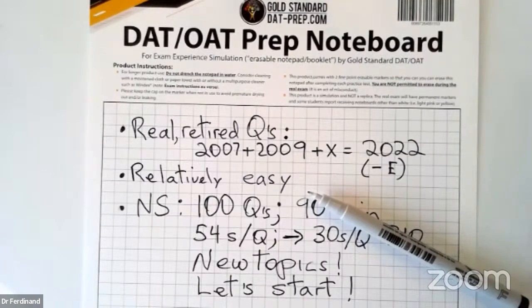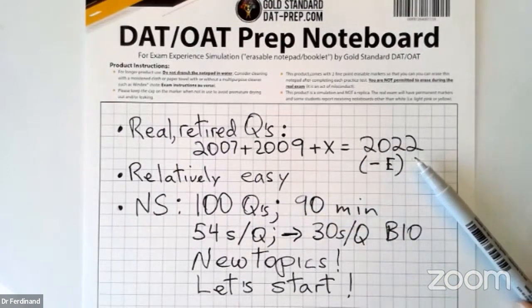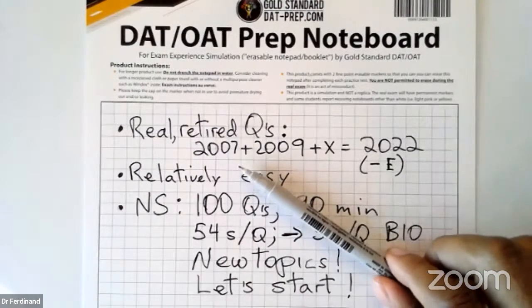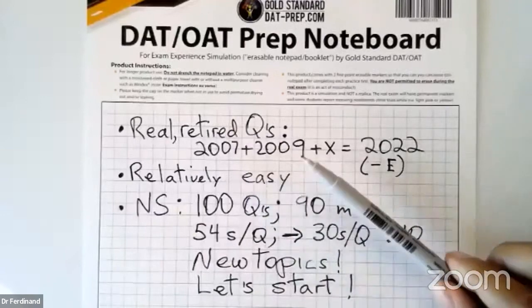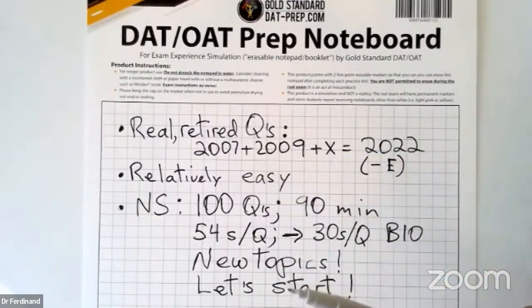How do we know that for sure? Because the current 2022 DAT practice test from the ADA is composed of some questions from 2007, some questions from 2009, plus a little magic number of questions that are unique to the new ADA exams.